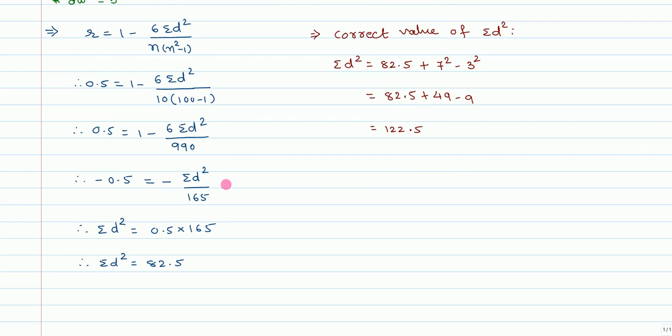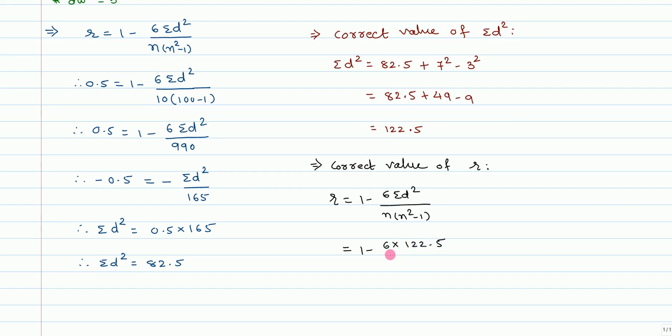Okay, now we are finding the correct value of R. R is equal to 1 minus 6 sigma D square upon n into n square minus 1. Therefore, R is equal to 1 minus 6 into 122.5 divided by n of n square minus 1, which is 10 into 100 minus 1.